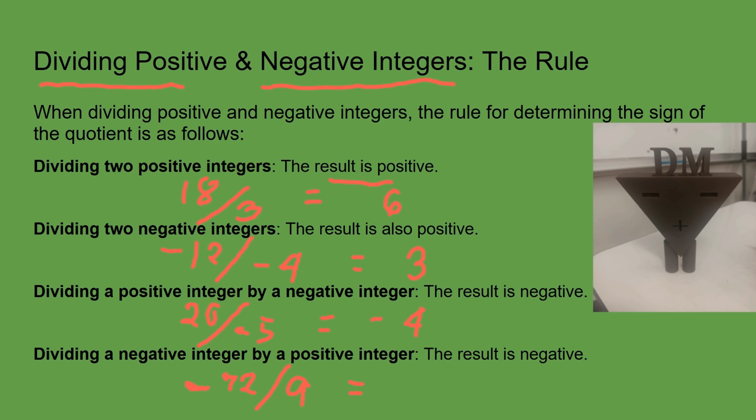So our quotient will give us negative 8. You can also use Mr. Dorito Man to help you in understanding your multiplication and division of integers because he will really help you.